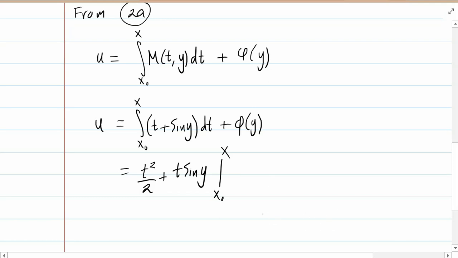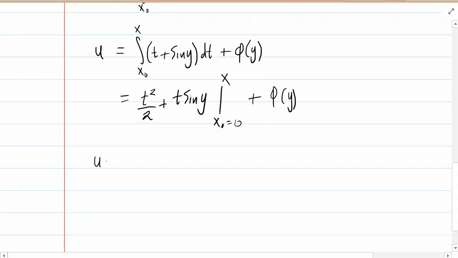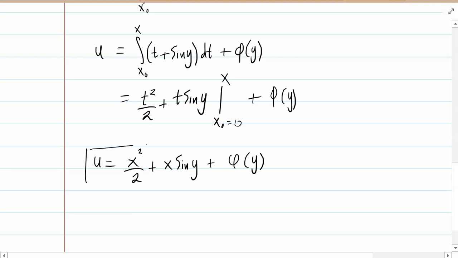In this particular case, that x naught can be 0, since in both cases we're multiplying by t. So what do we have? We have that u is equal to x squared over 2 plus x sine y plus some function exclusively of y. I'm going to call this one equation 3.